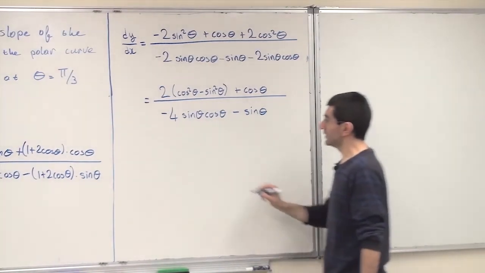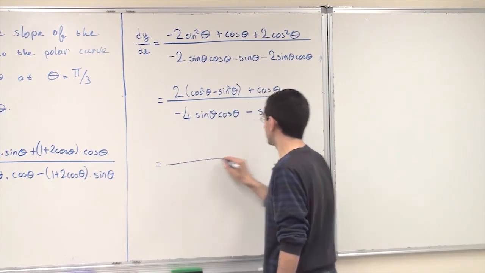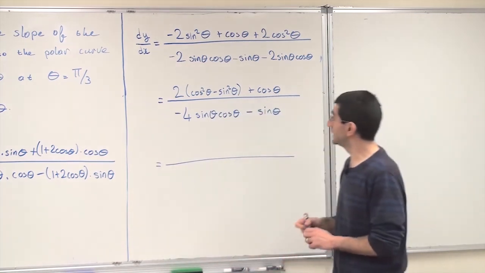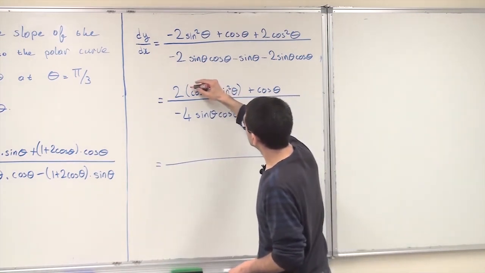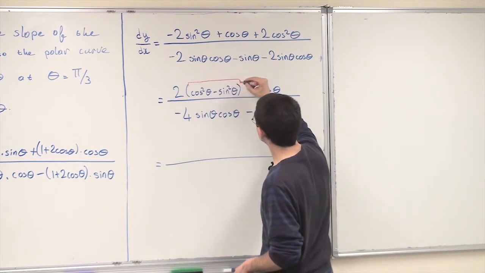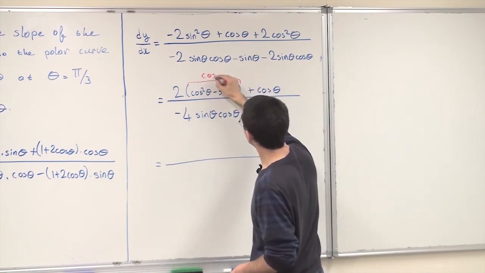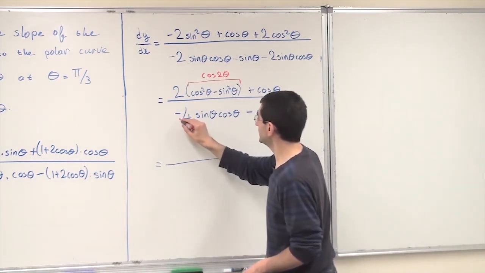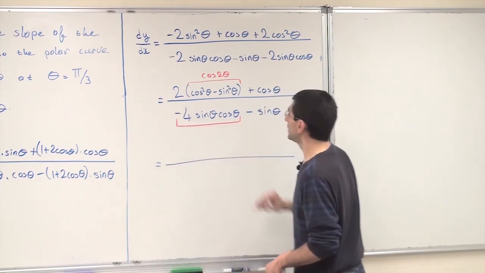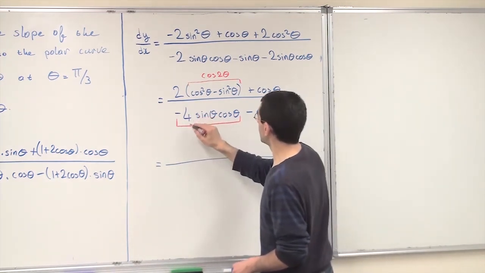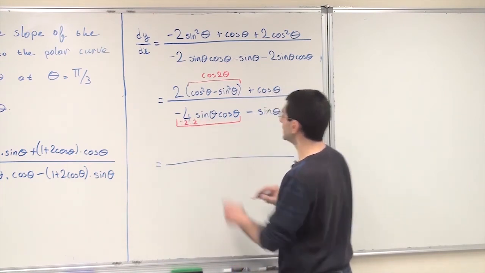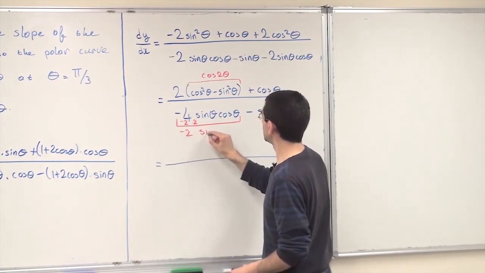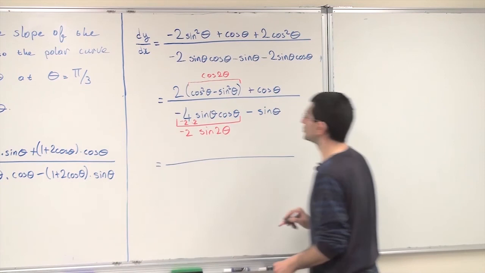Okay, now I will simplify this more using some trigonometric identities. In the numerator, the parenthesis is equal to cosine 2 theta. Now, in the denominator, if we write this 4 as negative 2 times 2, then 2 sine theta cosine theta will give us sine 2 theta.